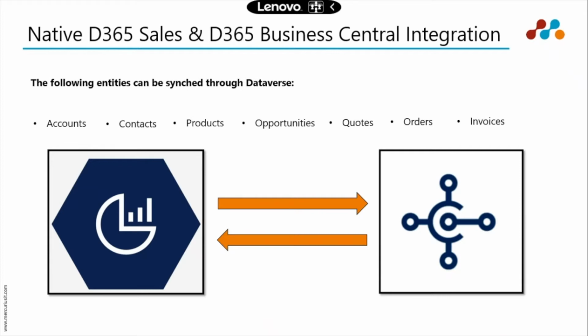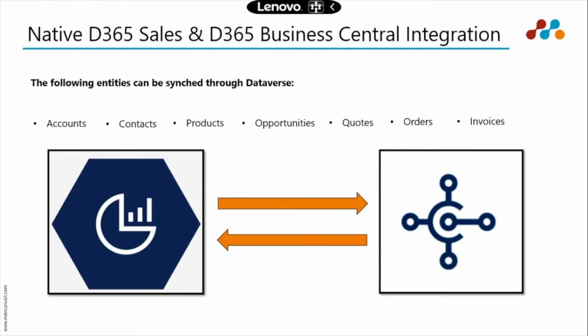The next question that comes to our mind is why we would need an integration between Dynamics 365 Sales and Dynamics 365 Business Central. Any business, as a general process, must have applications where all of their sales information is captured in a CRM system and all of their financial and other information is captured in an ERP system.